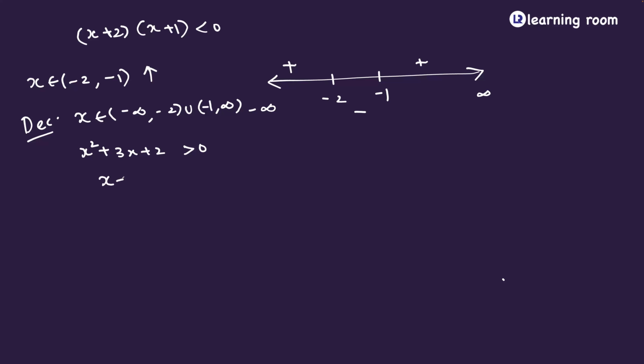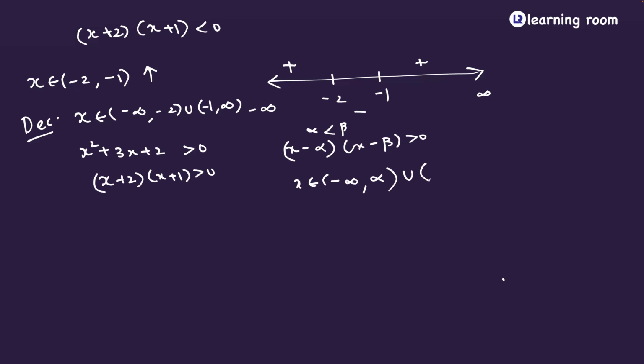So x plus 2 into x plus 1 is greater than 0. So whenever you have x minus alpha into x minus beta greater than 0, where alpha is less than beta, x belongs to -infinity to alpha union beta to infinity.